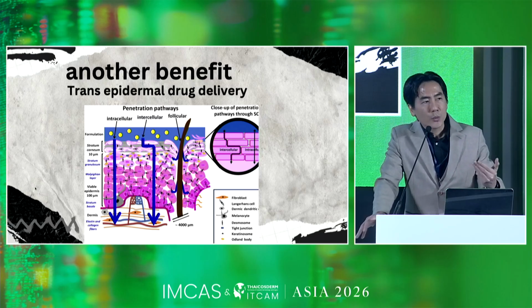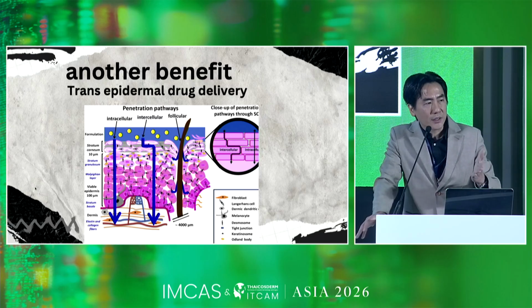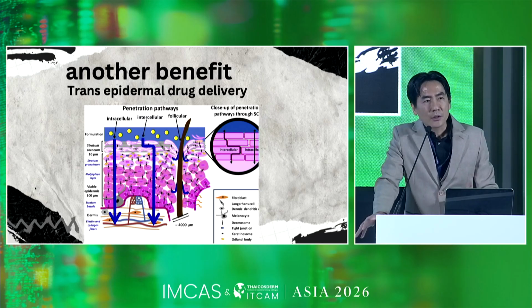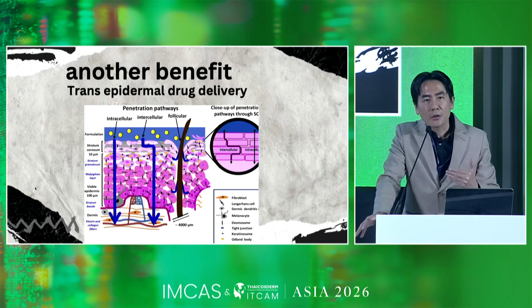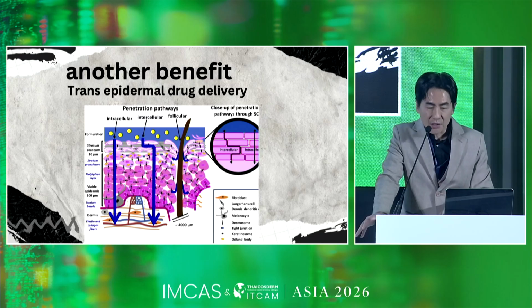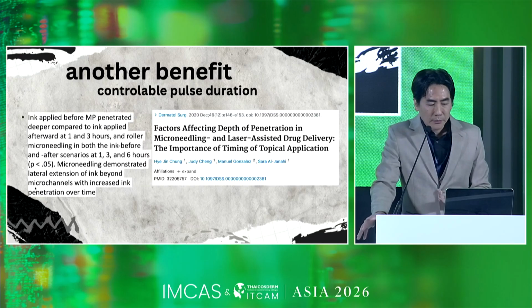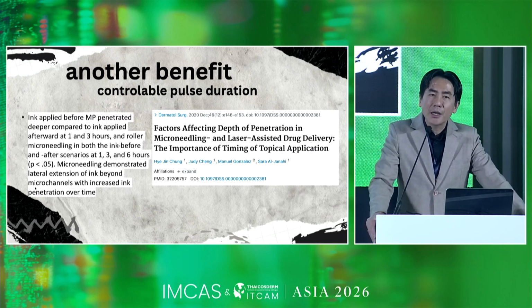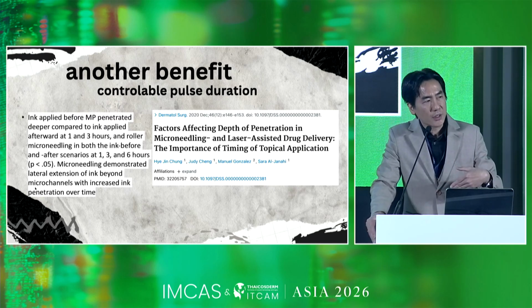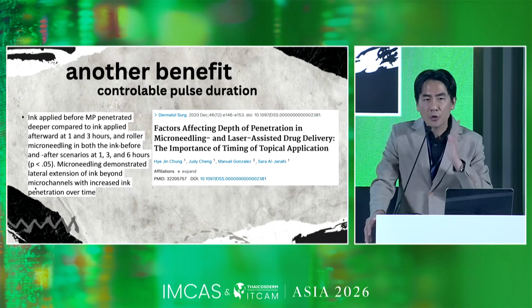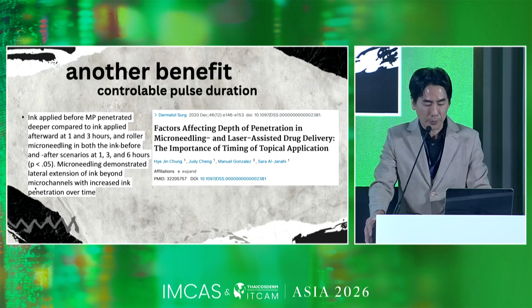Since we are creating a slight ablation pathway into our skin, the rule of 500 no longer applies, so our drug can penetrate deeper. Based on the research panel article, using the micropen already increases the level of transepidermal drug delivery if we apply topically first and then use the micropen.